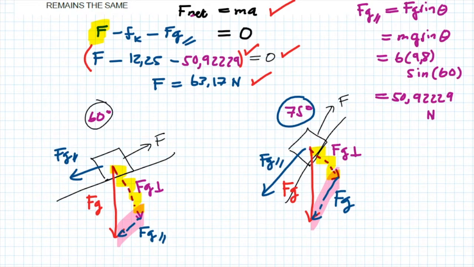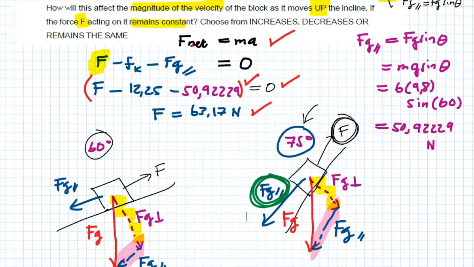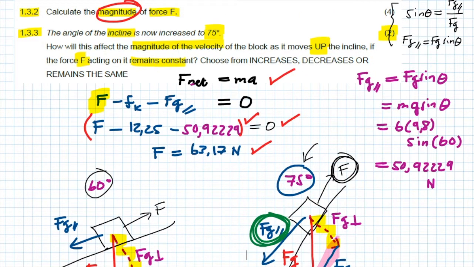Since the FG parallel in the case on the right where we have an increased angle is longer, we know that this force, which is causing the object to move towards the right, has a force that opposes it. And therefore, as a result of this FG parallel which has increased, the object is going to slow down.